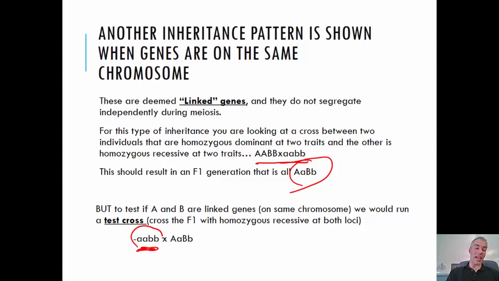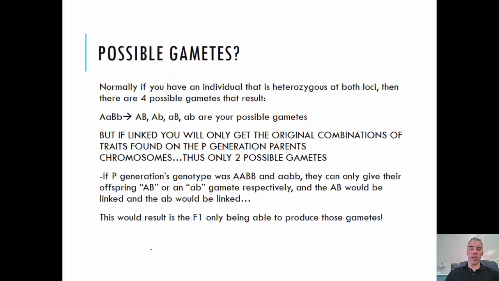So this is the classic test cross. You cross the F1 with a homozygous recessive individual because we want to see whether these genes are linked or not. And if you do this Punnett square, you'd expect to get these gametes for that big A, big B individual: big A, big B; big A, little b; little a, big B; and little a, little b. And we've done this before when you watch the Mendelian inheritance video that we made.